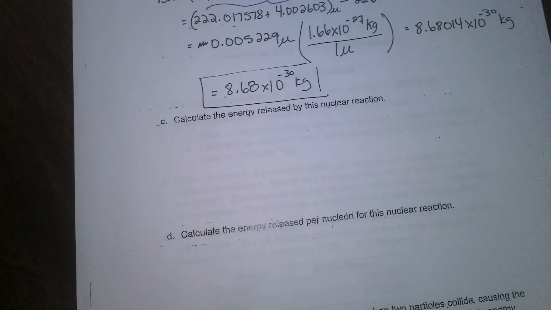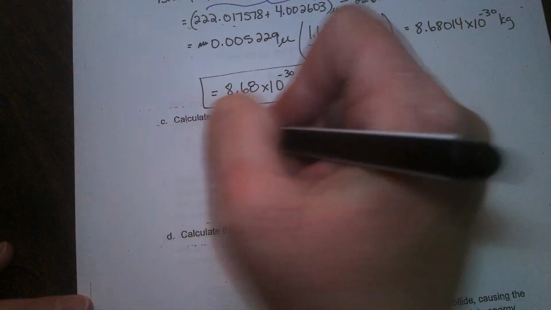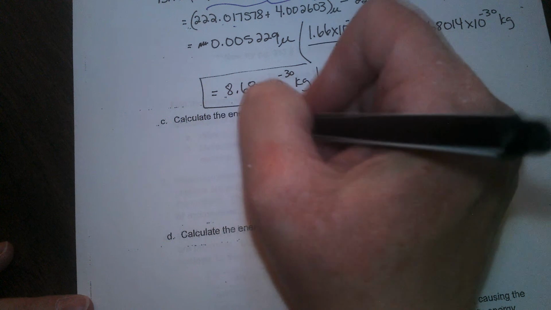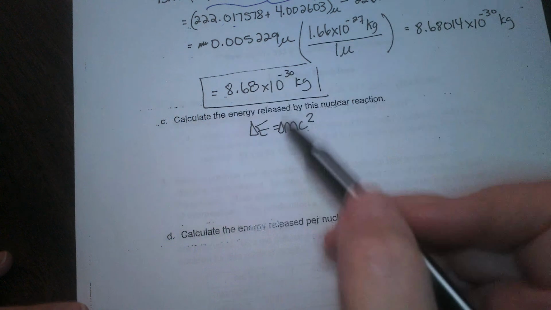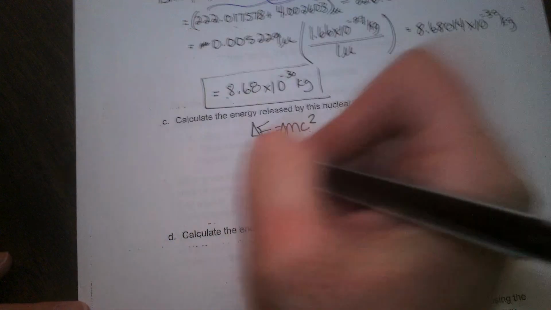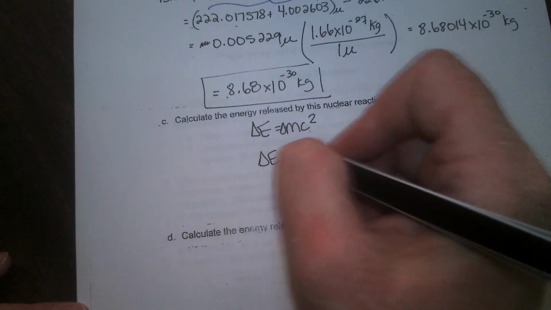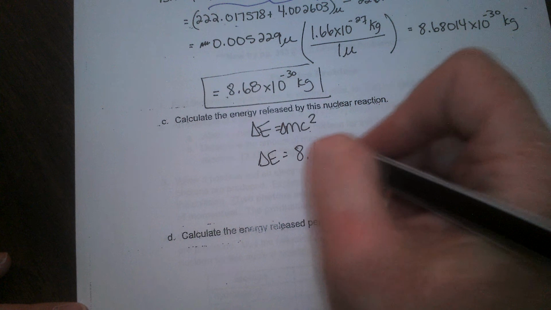Okay, calculate the energy released by this nuclear reaction. When we're talking about nuclear physics, E is equal to mc squared. We've already figured out the delta M. So delta E, no, go back to the original.